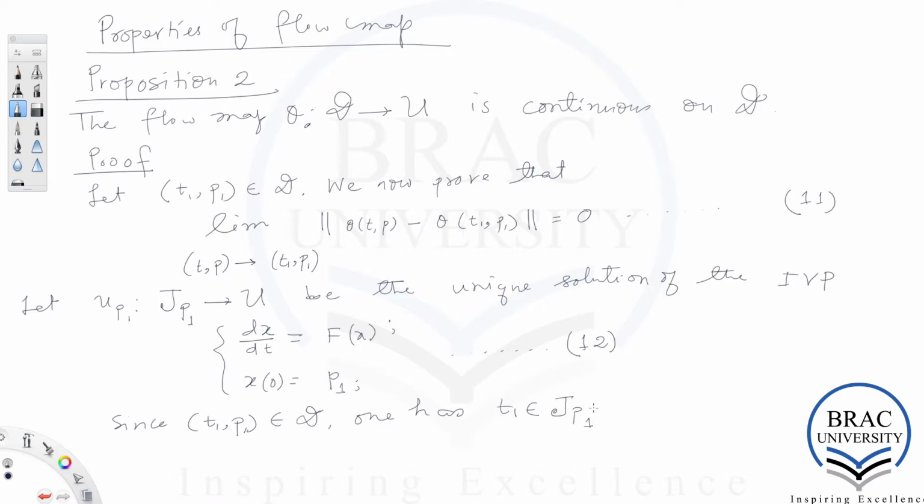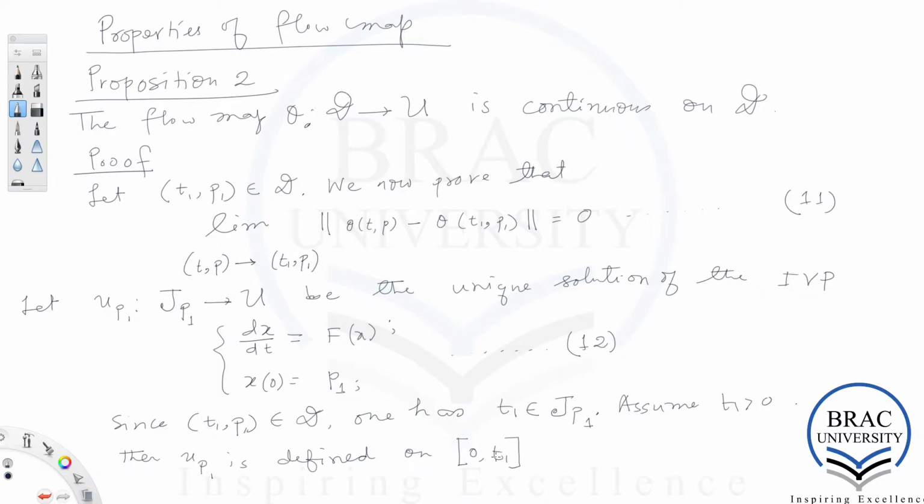Okay, it follows from the definition of calligraphic D. Now I assume that t1 is positive as before. The case t1 negative can be dealt with in a similar way. Then u sub p1 is defined on the closed interval [0, t1].